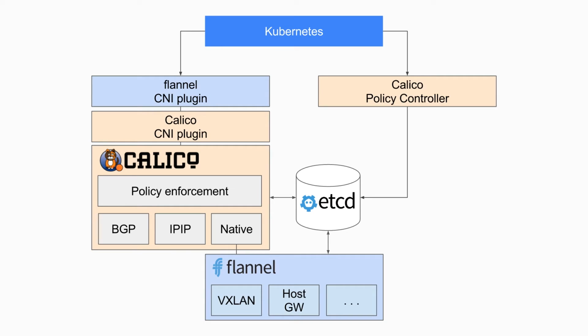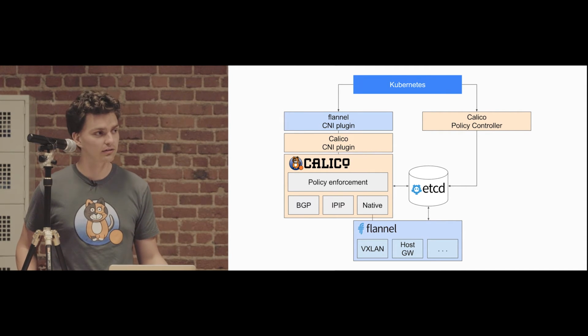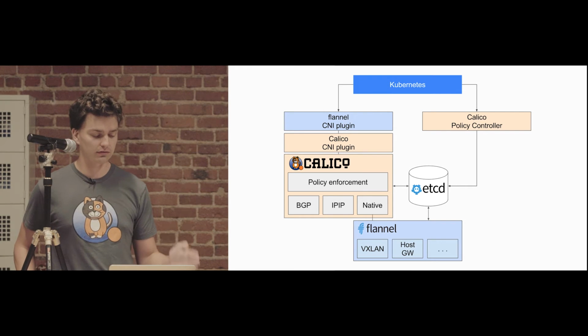So if you put these together, the current version of Canal looks a bit like this. You still have Flannel hooking into Kubernetes through the CNI, but the Flannel CNI plugin is actually delegating to Calico so that Calico can get involved and enforce network security policy.